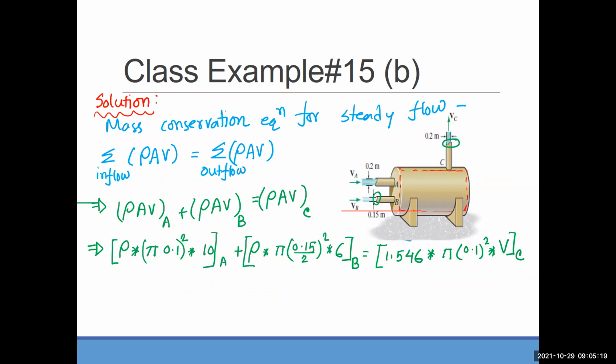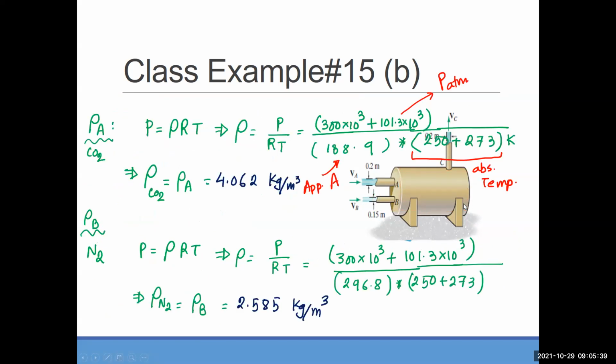We wrote the equation, and we saw that we know the AV for A, AV for B, and rho A for C, but we don't know rho A and rho B, the density of carbon dioxide and the density of nitrogen at that pressure and temperature. Whenever you have a gas at a certain temperature and pressure, you instantly know you need to use the ideal gas law to calculate the density, right?